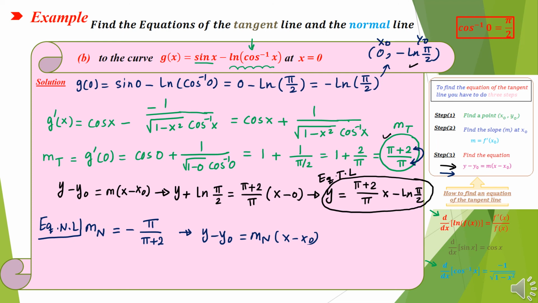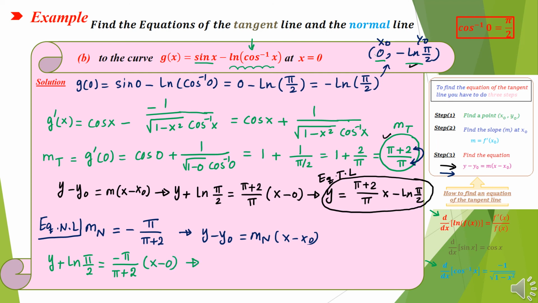You have to use the same point, x0, y0, so you will get y minus y0, which is y plus ln pi over 2, equals the slope of the normal line, which is minus pi over pi plus 2 multiplied by x minus 0.